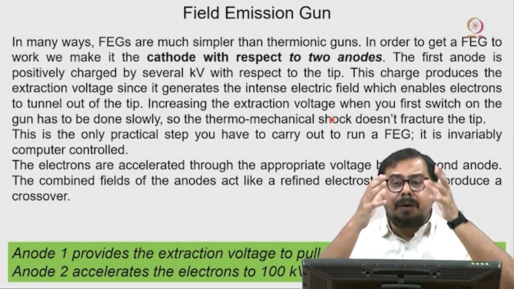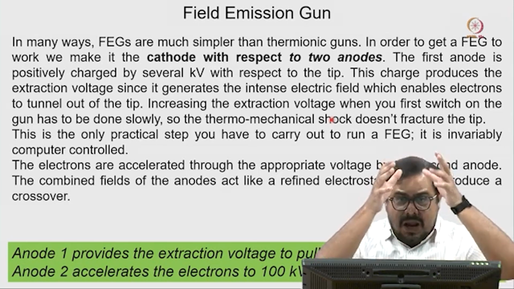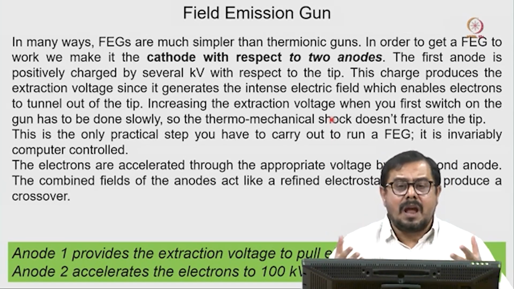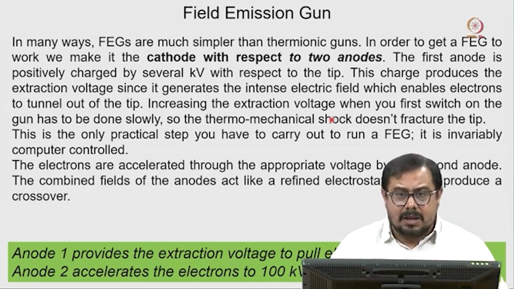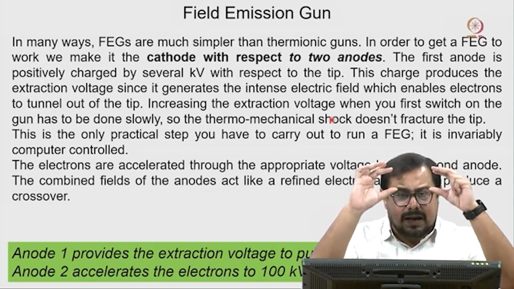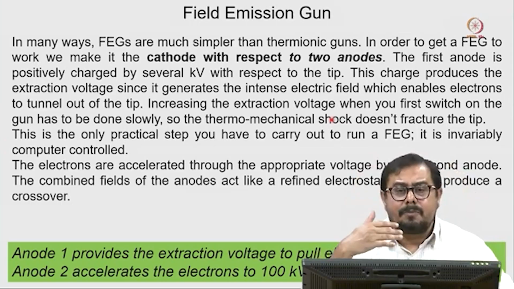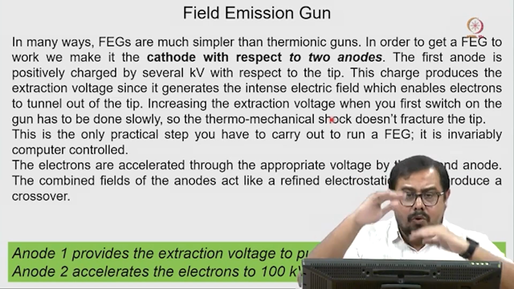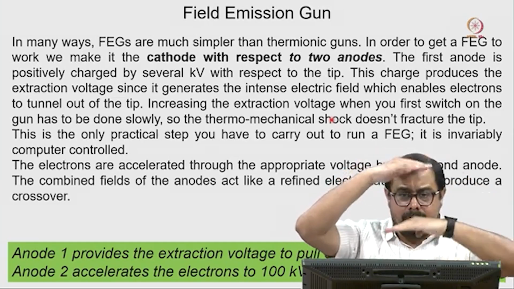If you remember, at the beginning when I was talking about the entire column, it stays under high vacuum, and even your gun will also stay at high vacuum. You have to maintain that high vacuum. So even to change the filament, you have to break the vacuum of the gun separately and block the column separately.